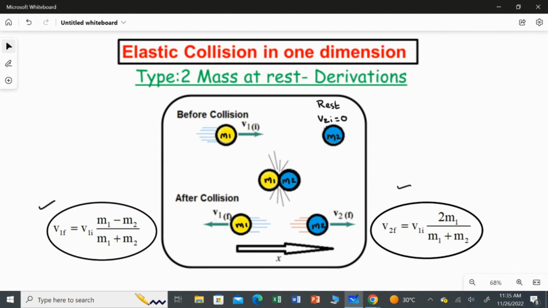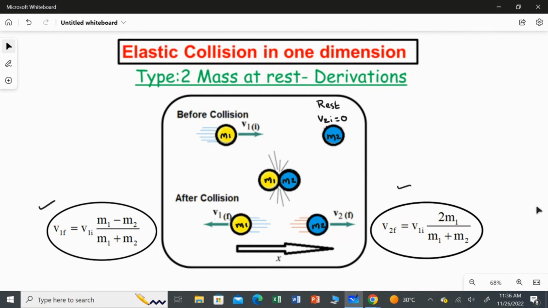What we studied in the theory: for both elastic collision and inelastic collision, the momentum is conserved, but the kinetic energy is not conserved for inelastic. But in elastic collision, both are conserved. The main aim of this video is to show the derivation for getting these two answers: V1 final for M1 and V2 final for M2.